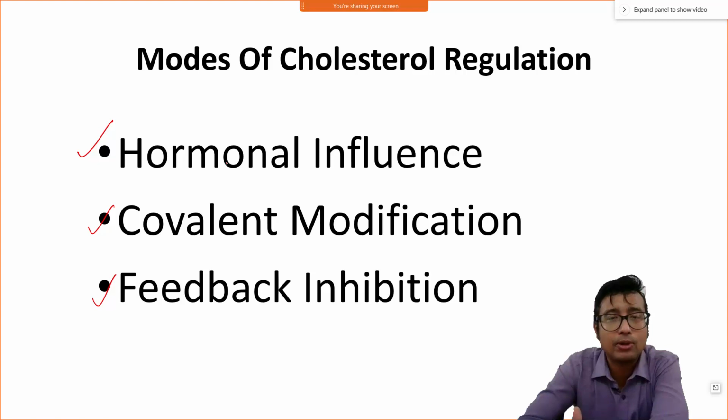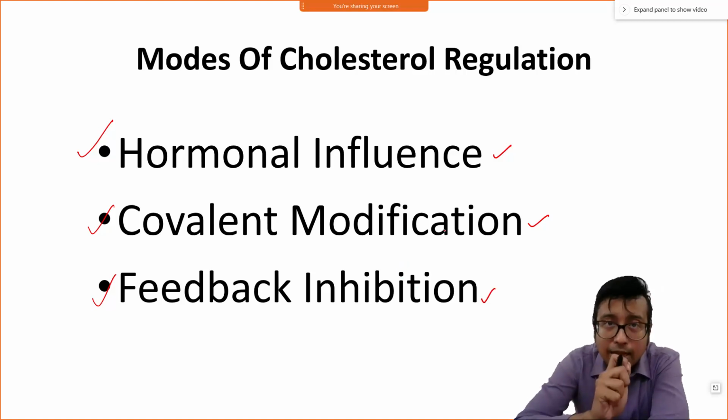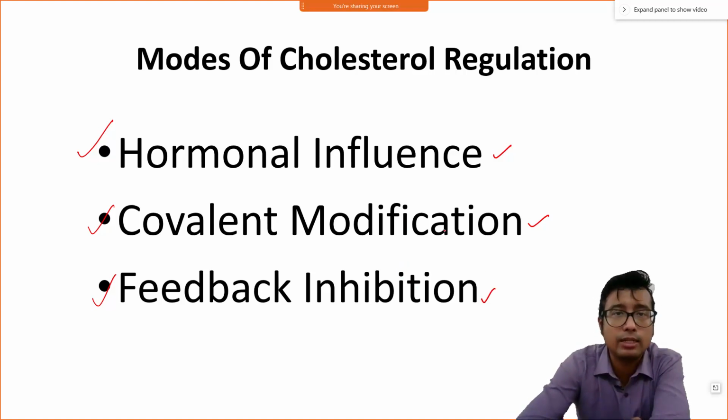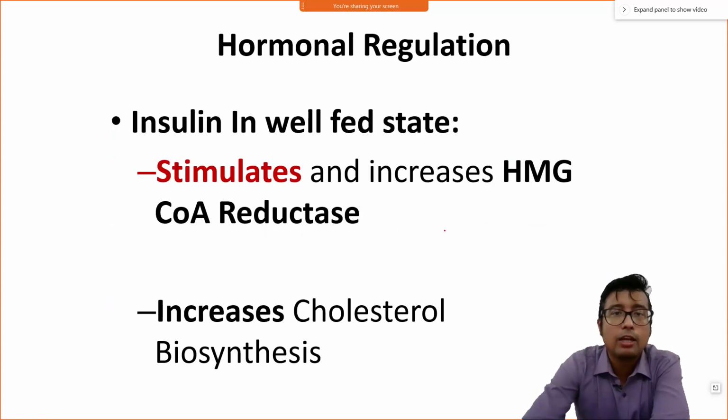So be it phosphofructokinase or regulation of fatty acid synthesis, beta oxidation, try to frame your enzyme regulation or any step regulation under these three headings: hormonal, covalent modification, mainly phosphorylation and dephosphorylation, and lastly feedback inhibition. In some cases there may be an allosteric component, but allosteric component is not there in cholesterol biosynthesis.